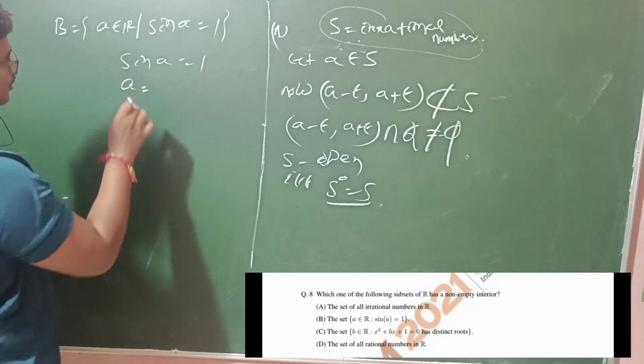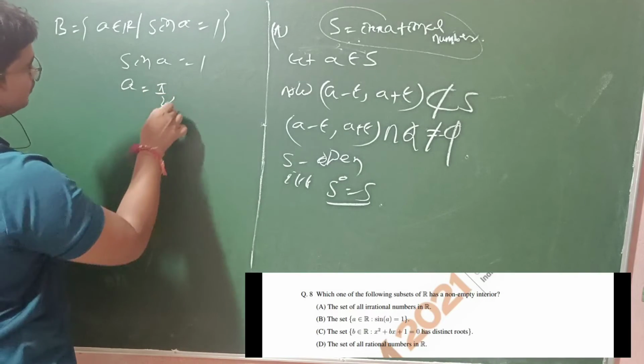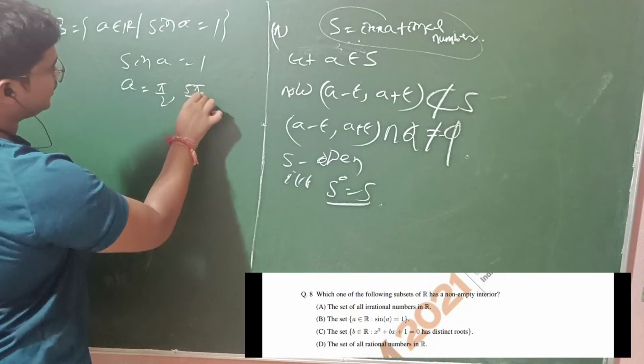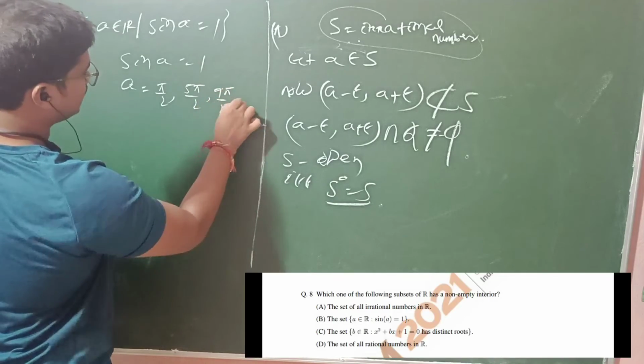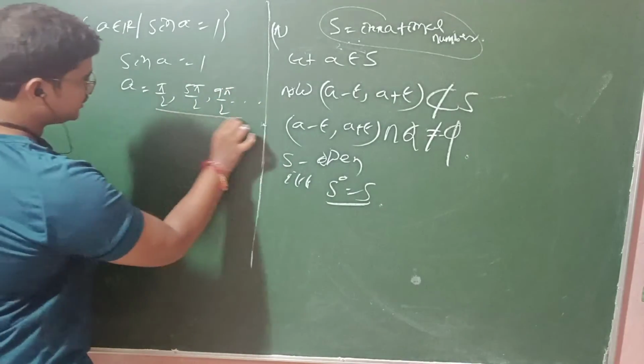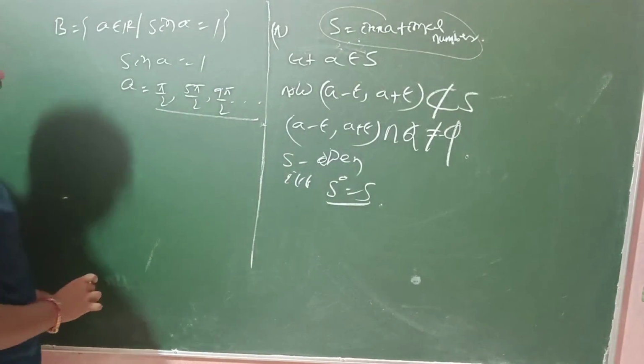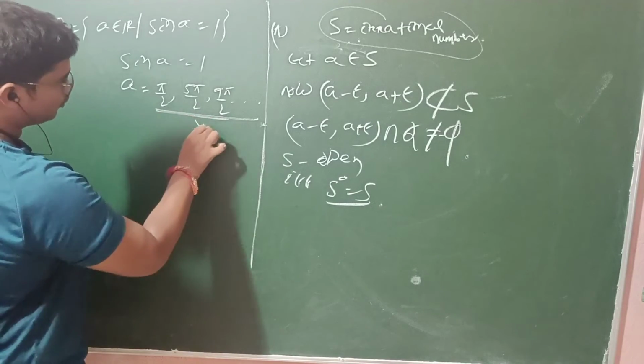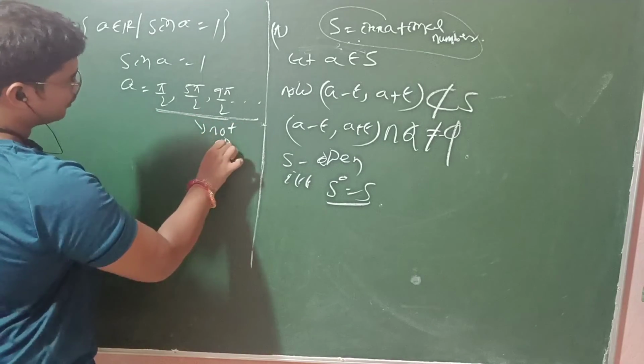If sin A equal to 1, then A equals pi by 2, 5 pi by 2, 9 pi by 2, and so on. So this set is not open.